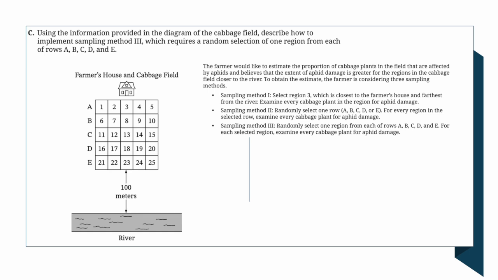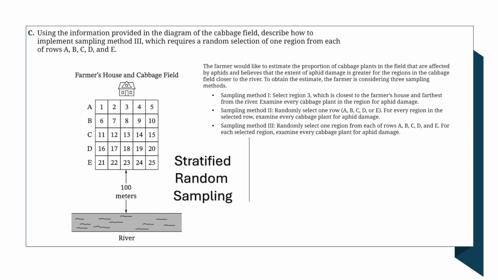Part C. Using the information provided in the diagram of the cabbage field, describe how to implement sampling method 3, which requires a random selection of one region from each of rows A, B, C, D, and E. So let's see what sampling method 3 is. You randomly select one region from each of the rows A, B, C, D, and E, and for each selected region, examine every cabbage plant for aphid damage. This is an example of stratified random sampling.